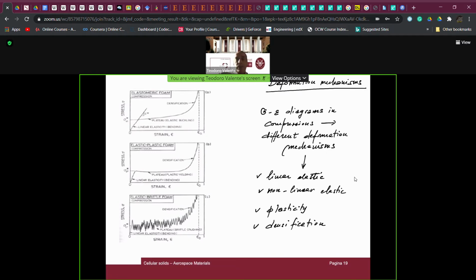That is, the possibility to have non-recoverable deformation due to yielding of the materials itself.